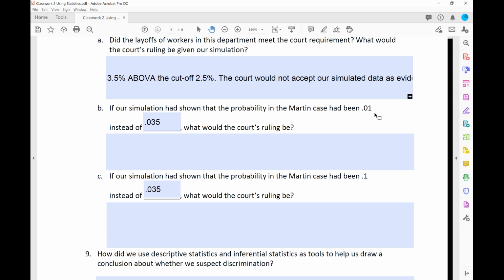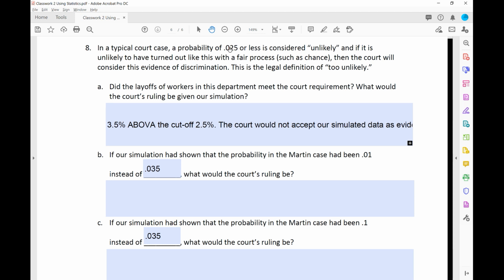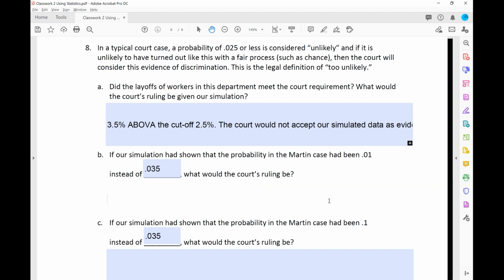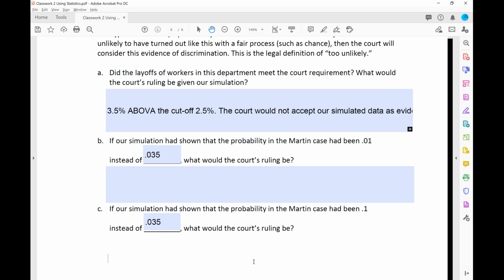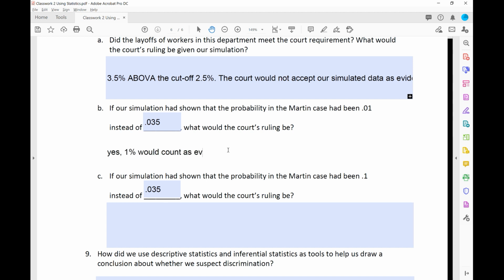Okay, so how does 1% compare to our cutoff of 2.5%, right? 0.01 versus 0.025. Is it below our cutoff? Yes, it is, right? 1% is definitely lower than 2.5%. So in this case, yes, 1% would count as evidence of discrimination.